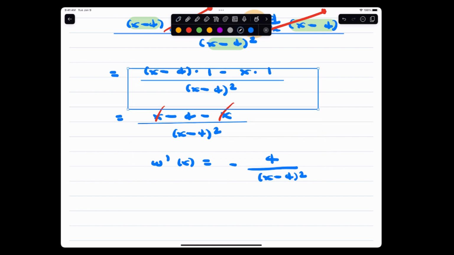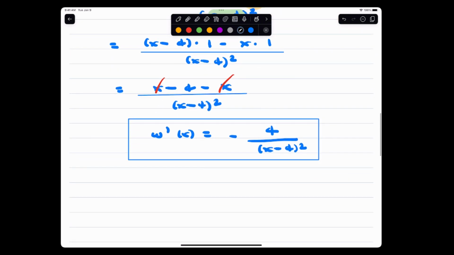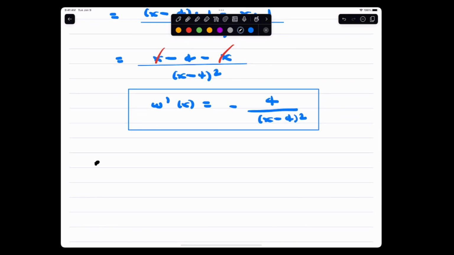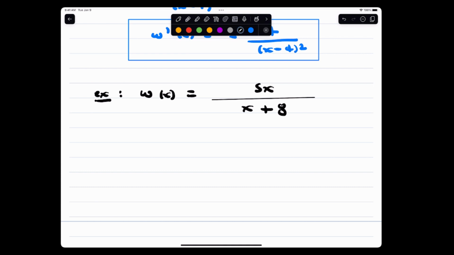Okay. Anyway. All right. Wx is 5x over x plus 8. This is all going to be a quotient rule question. Okay? So we're going to find the derivative now.